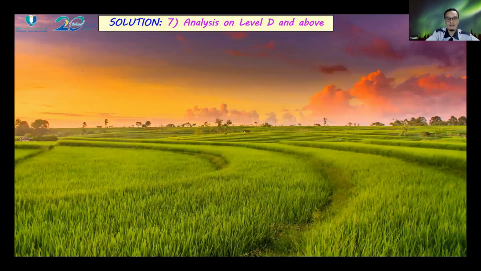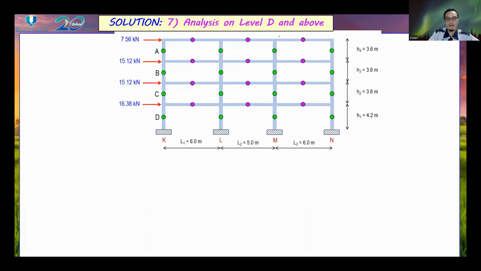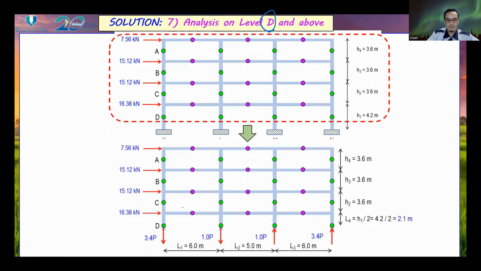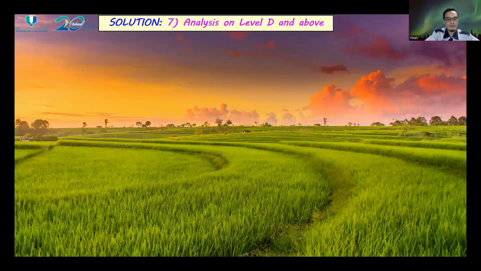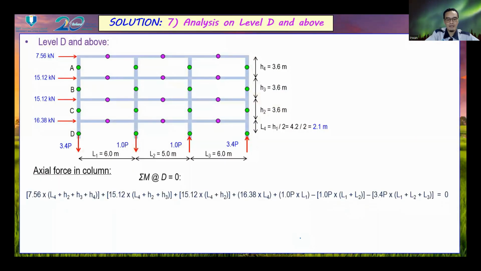Next, we do step number 7, which is the analysis on level D and above. We consider this subframe and also consider again the axial force in the column. Next, we arrange our diagram like this one. And then we consider the moment at D equal to 0.